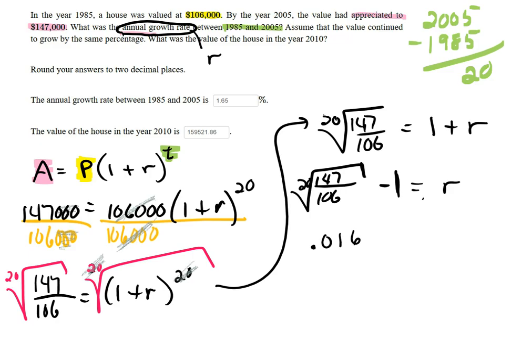Now when I do that, I get 0.016484062, an obnoxious number, but Mobius wants your answer to be in percent form, if you look at it up here.